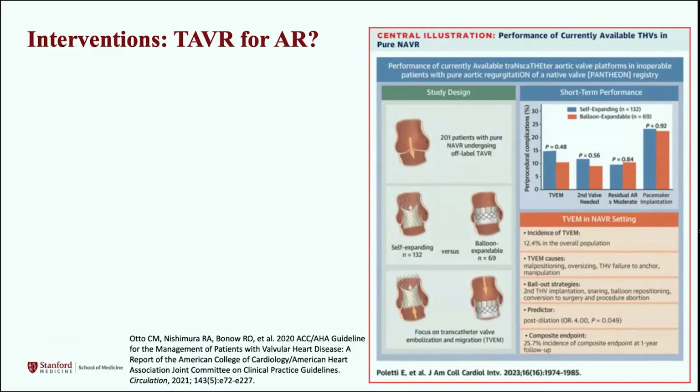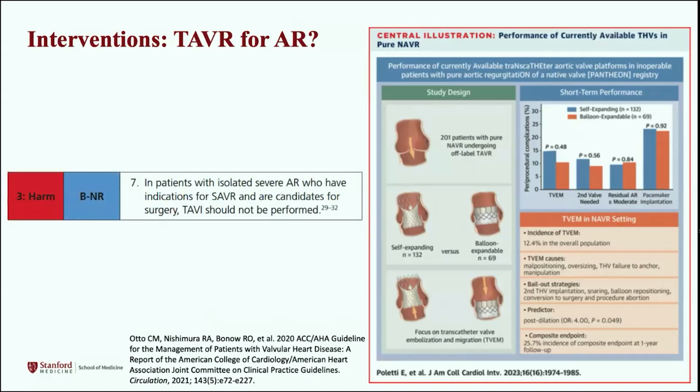But unfortunately, we've had issues with valve migration and embolization with TAVR. We have issues with anchoring if there's not a lot of calcification of the valve. And so a lot of our studies so far using TAVR have not had great success. And that's why the guidelines give it a class 3 harm, except for those patients who are too high risk to undergo surgery, where it's more of an off-label use.